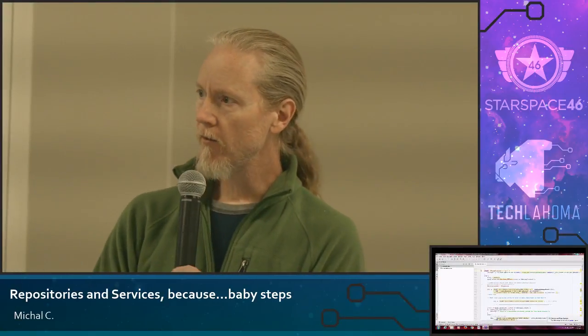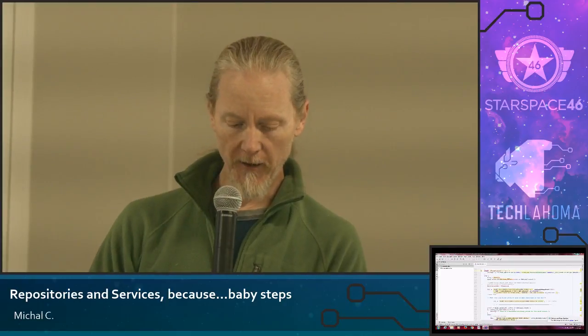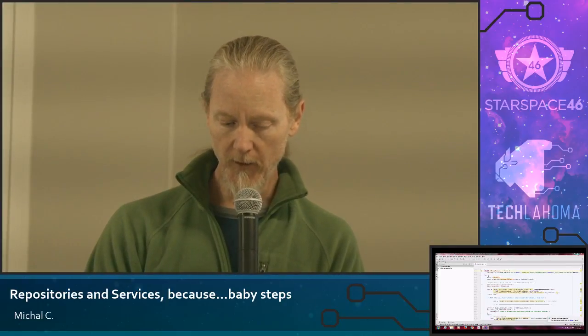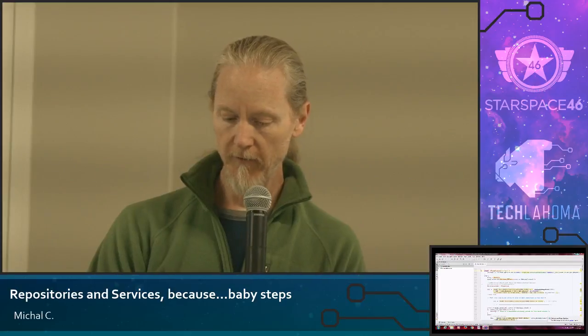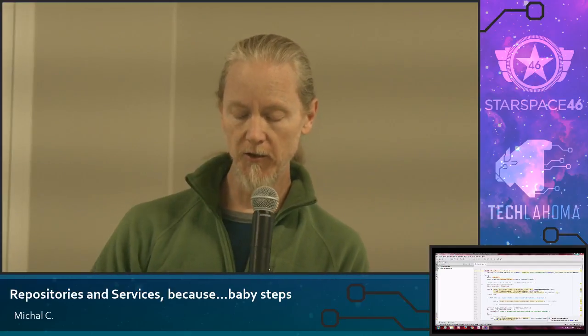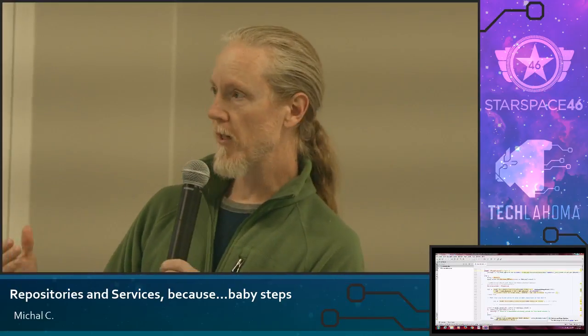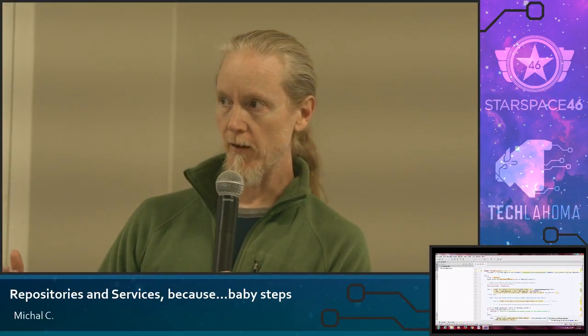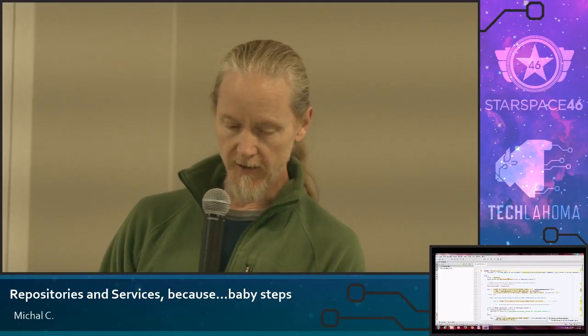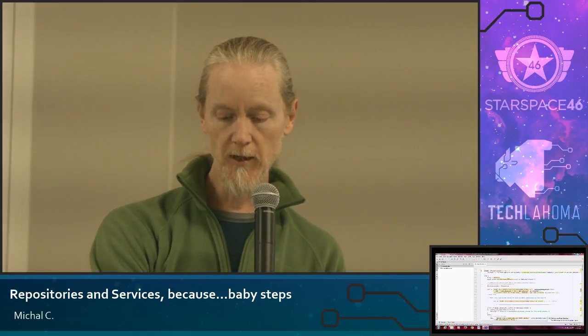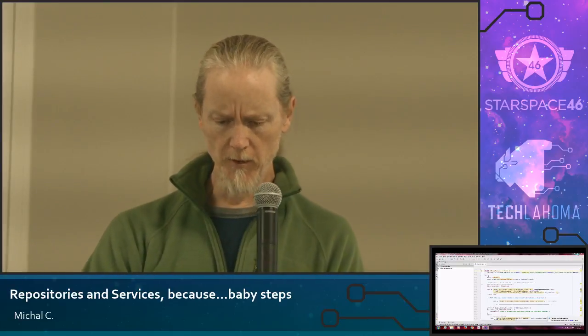So you would have a separate repository for each entity in your data model. So if you look at your ORM structure, you'd have a model for classified ads, you'd have a model for users.